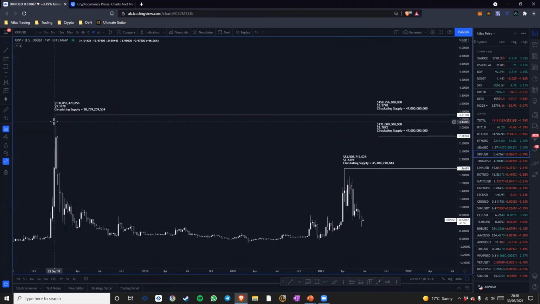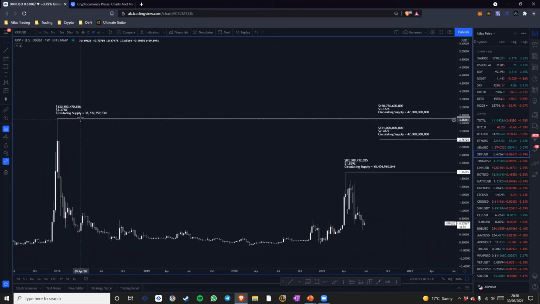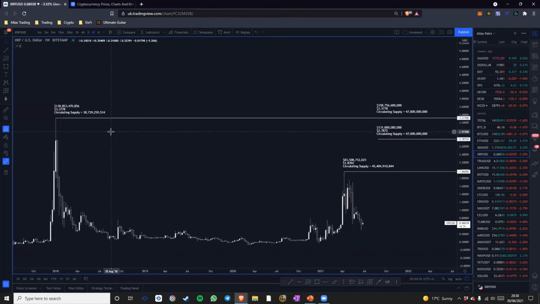Now, the all-time high from January 2018 for XRP was $3.37. I know this chart says a little lower, $3.31, but that's just the price feed that I've got for this chart. The $3.37 I took off CoinMarketCap. I checked the market capitalization at the time for XRP, which was 130 billion. It's the top figure there.